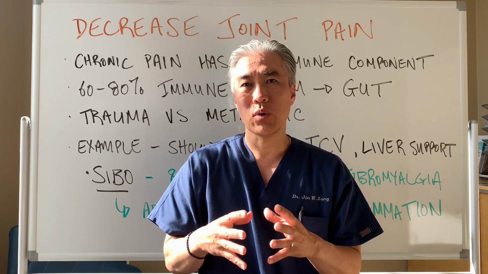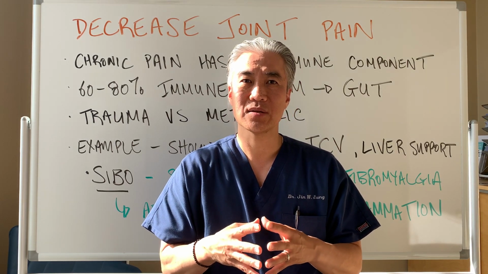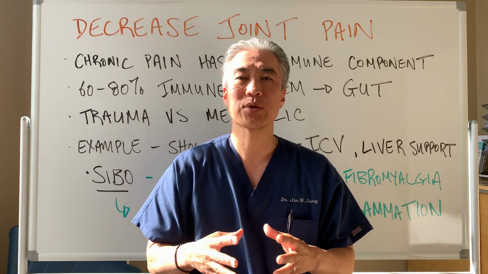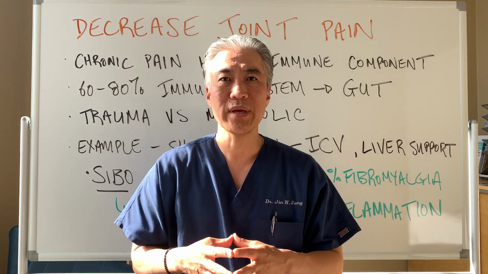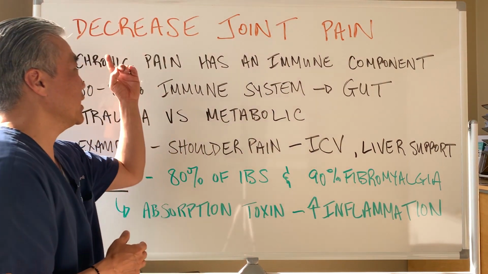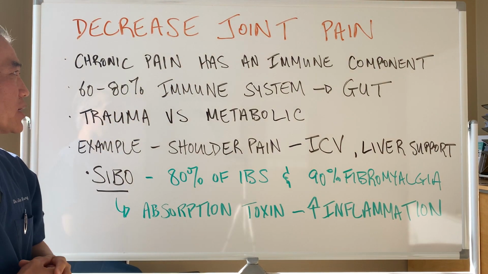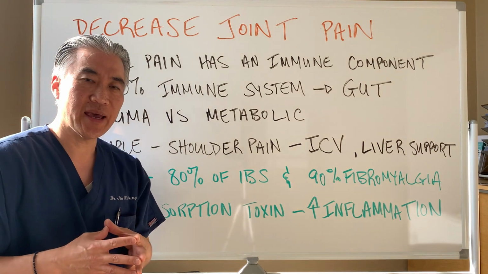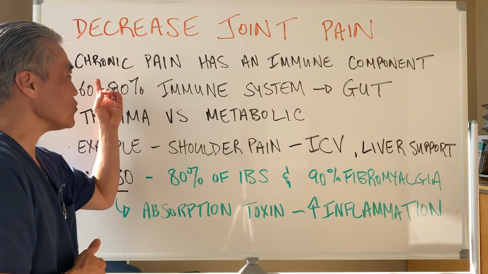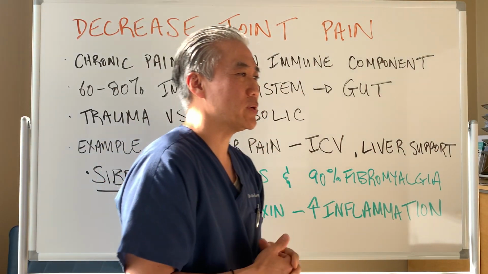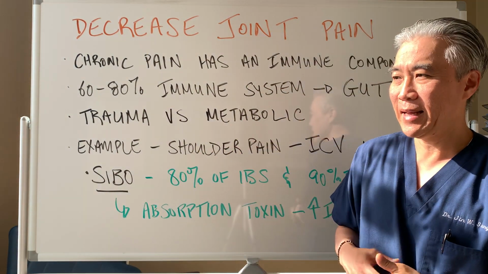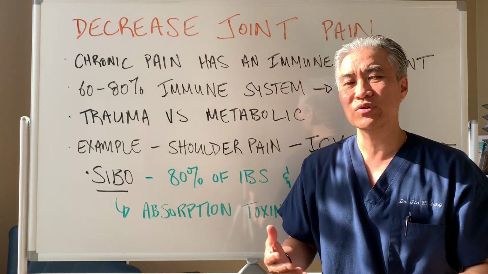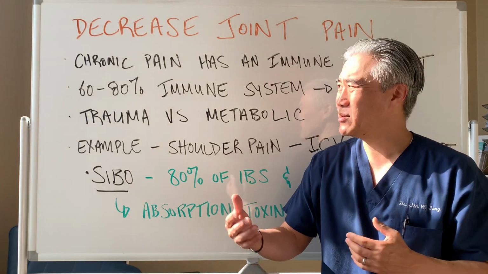In our office, what we like to do is address the underlying mechanisms of the inflammatory process. So when we have patients who come in and have joint pain, how do we go about it? Well, the first thing is to understand what is going on. So chronic pain has an immune component to it. What that means is that there's an inflammatory immune response within the joint.